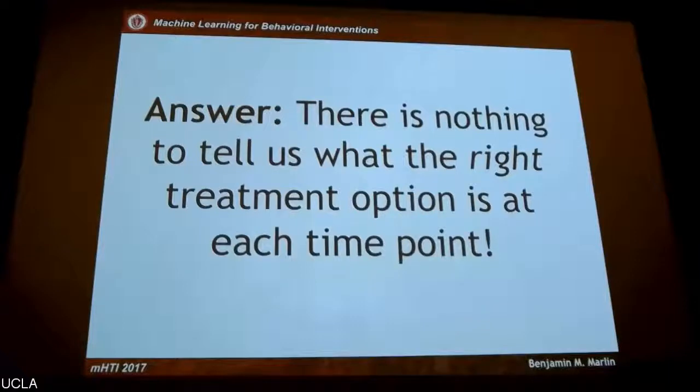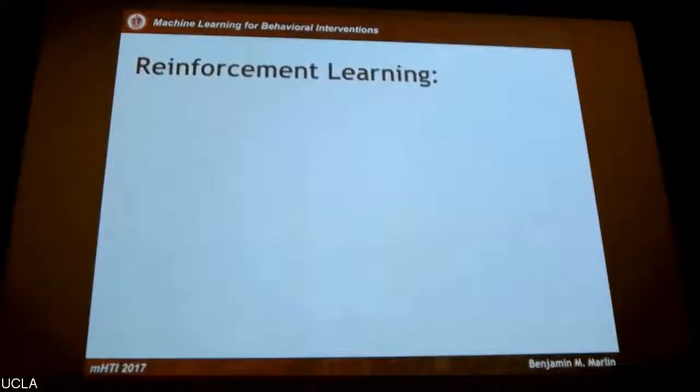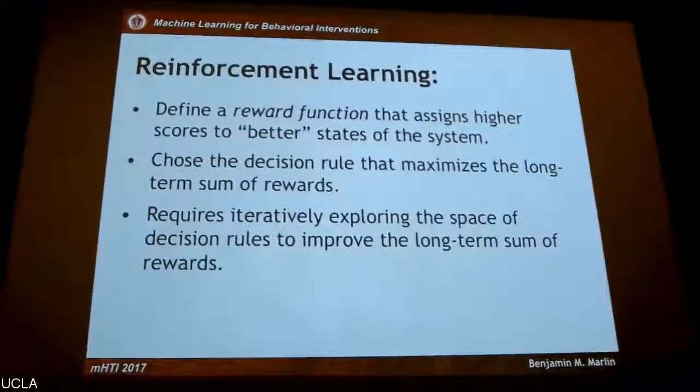What Billy described is that MRTs can optimize performance with respect to individual proximal outcomes, time point by time point. But if what you care about is what happens at the end, you need a slightly different sort of learning setup that's able to optimize for long-term reward or long-term outcomes over multiple time points. That's what reinforcement learning does, and it's useful in this context of optimizing end-to-end intervention performance.